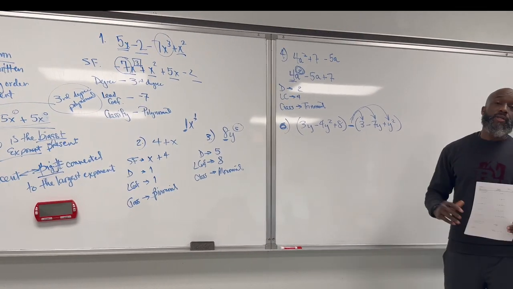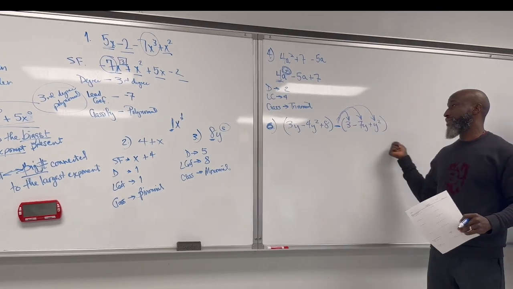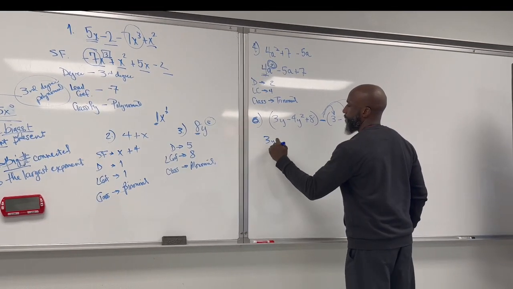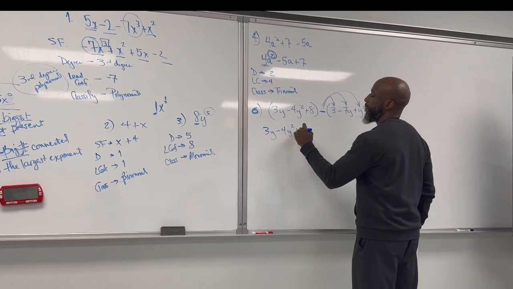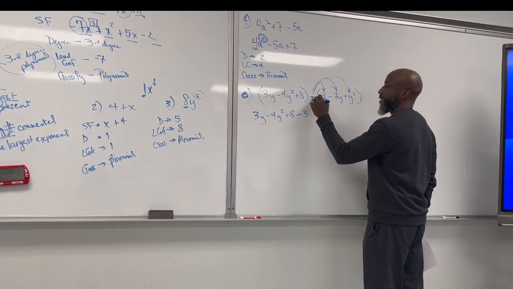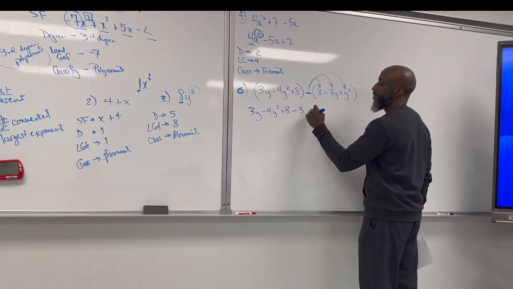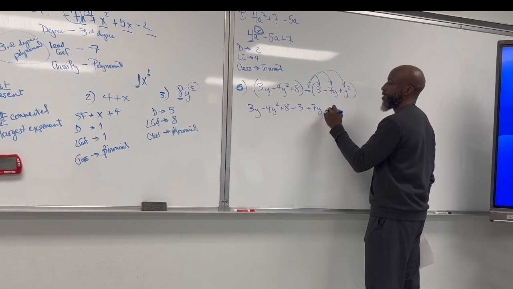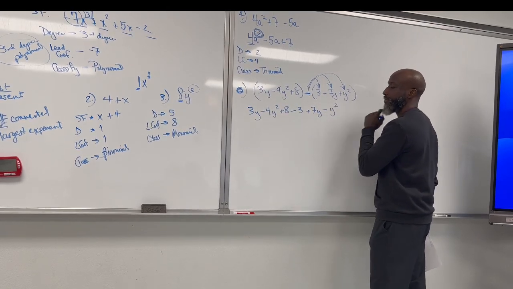All right? So when you distribute just the minus sign, the signs change in here completely. So you got 3y minus 4y squared plus 8 minus 3, negative 1 times negative 7 plus 7y, negative 1 times positive y squared minus y squared.